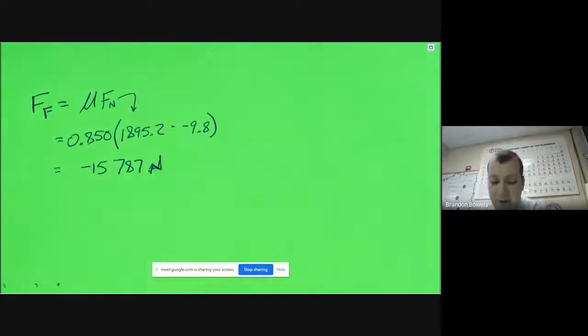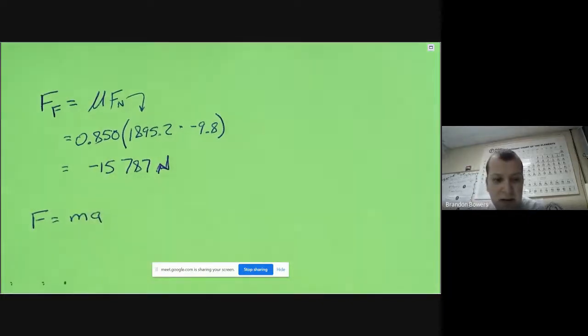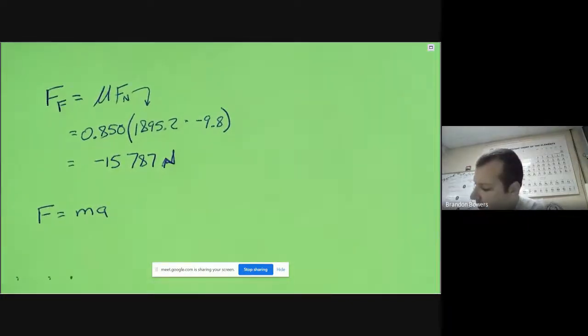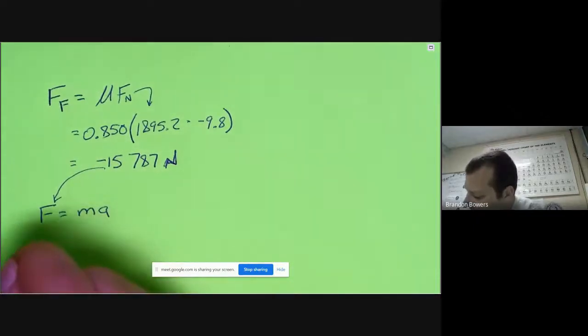Now, from there, our goal is to solve for the acceleration, so that we can solve for the initial velocity. So from there, hopefully you thought of Newton's second law, where we can plug in the force, and we know the mass.